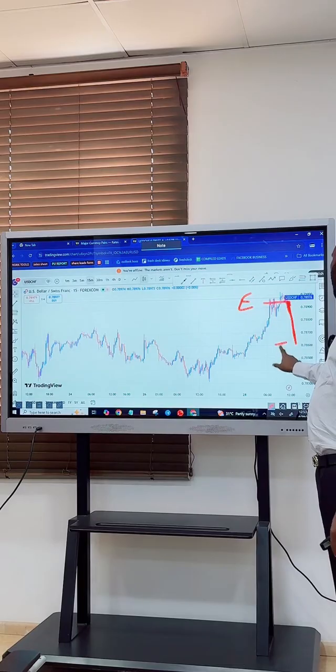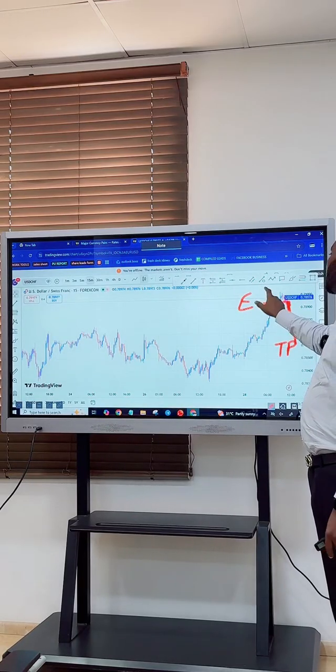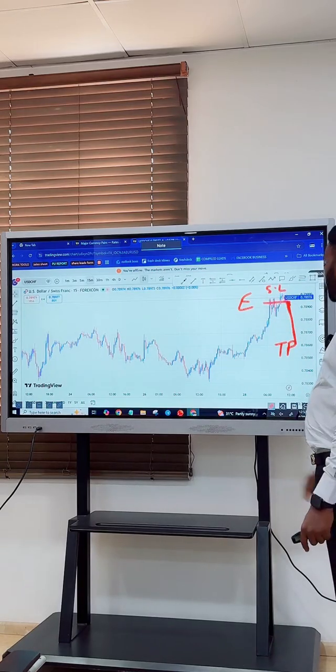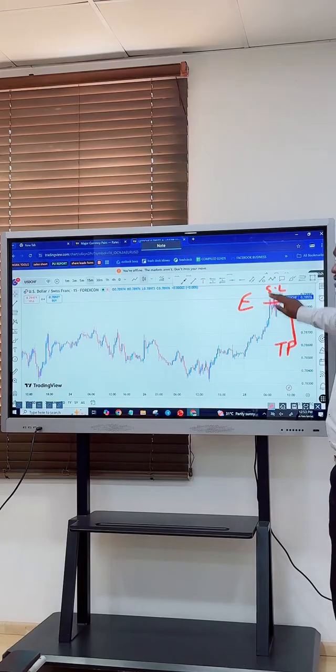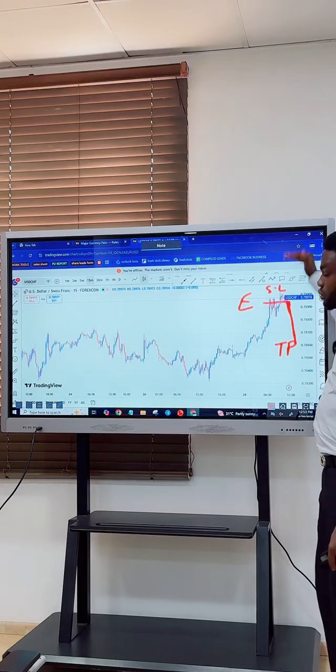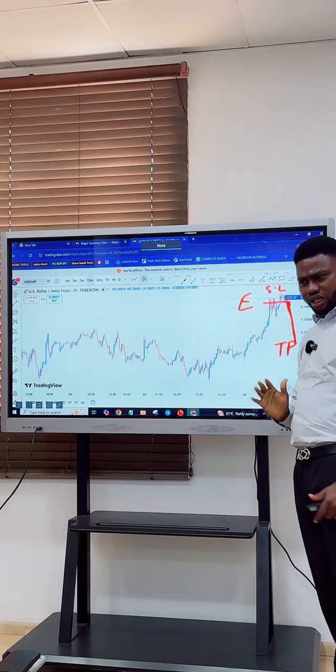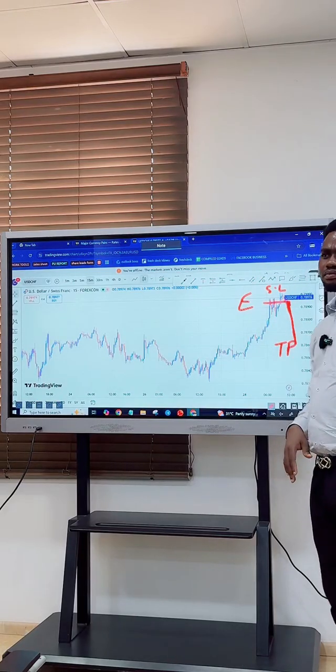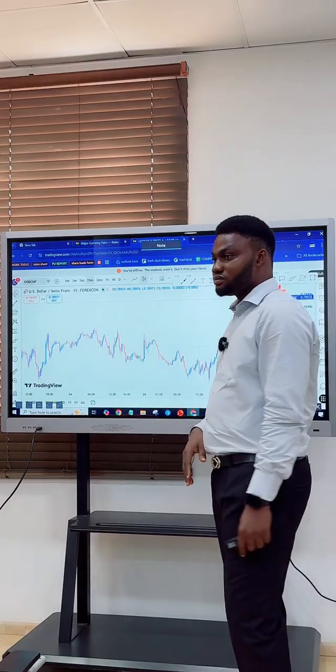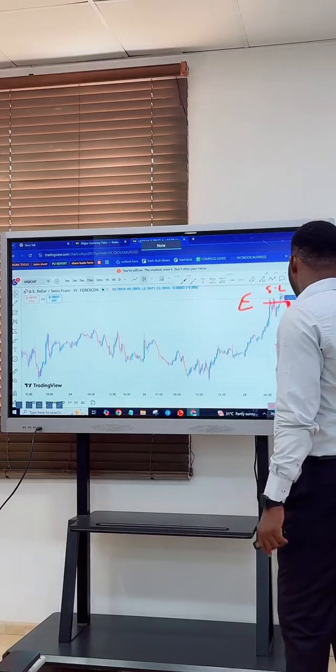So this point is going to be my take profit. My take profit is going to be below. My stop loss is going to be above. But if it's an uptrend like this, my take profit will be above. My stop loss is going to be below. Is it clear?